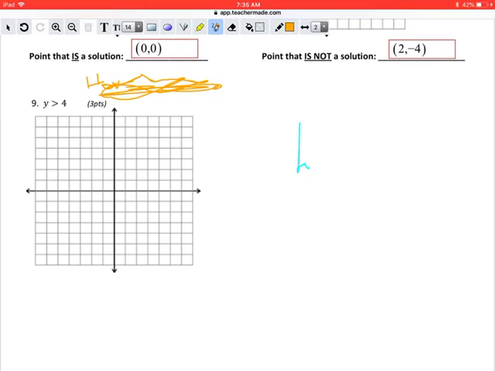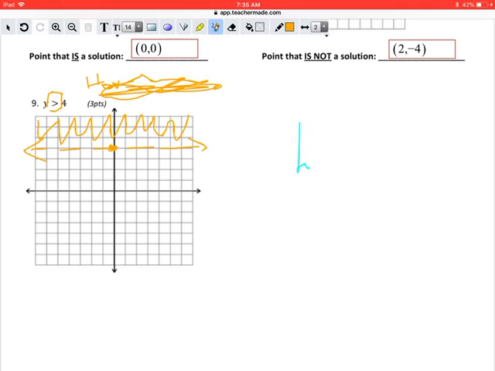So at 4, 1, 2, 3, 4, on the y-axis, since it's y equals, I plot that point, and I make my line going horizontal. But remember, here it's not underlined, so it's a dotted line. And then since it's greater than, it's going to shade upward.